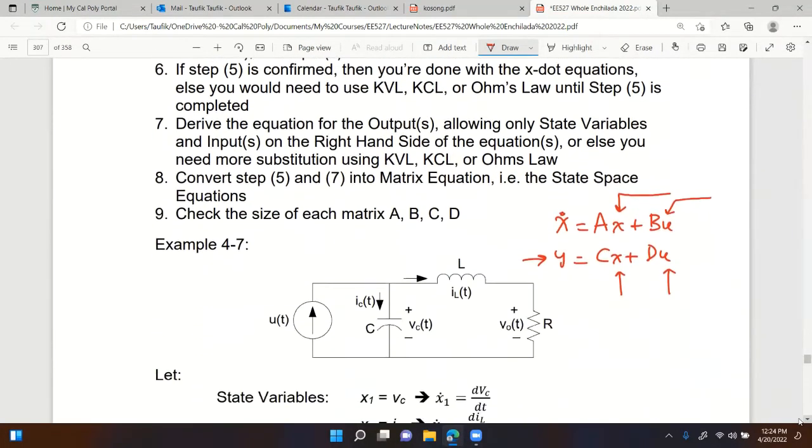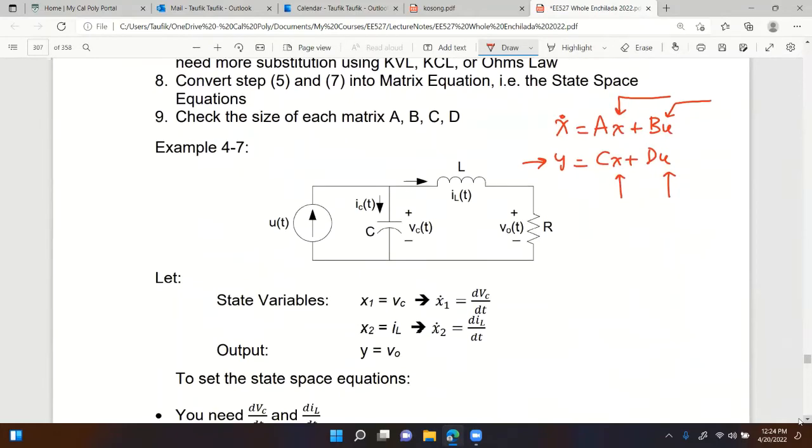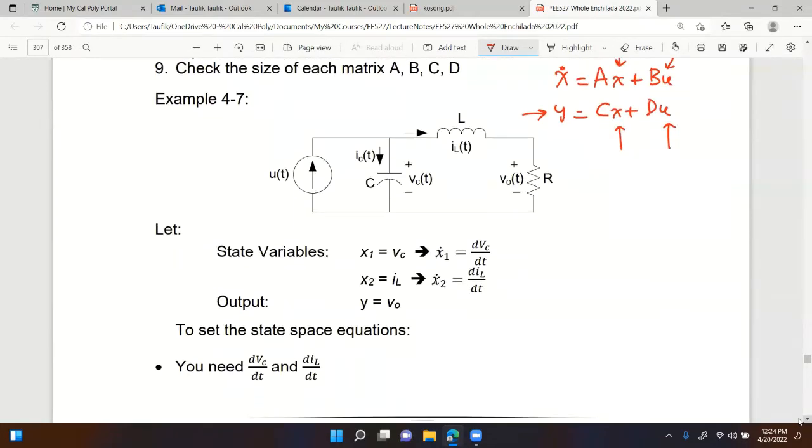Any questions? Okay. If not, then let's look at this first example. I have this circuit right here. Just from this circuit itself, can you tell me how many inputs we have?